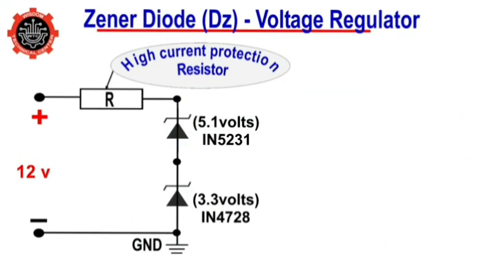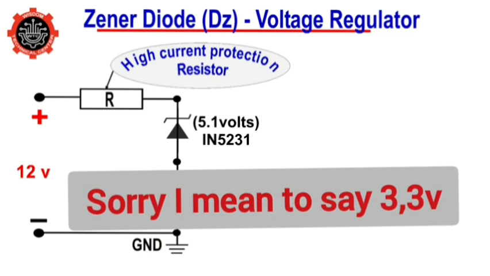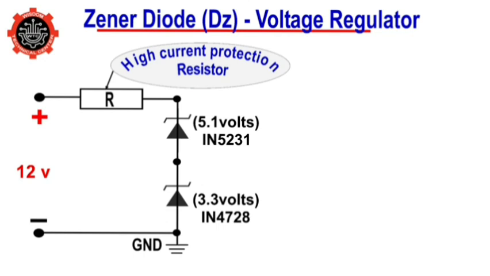Now, to better understand the working principles of a Zener diode, we will see on this circuit diagram here that this resistor and the two Zener diodes, with their references of 1N5231 with a Zener voltage of 5.1 volts and 1N4728 with a Zener voltage of 1.8 volts, are connected in series with a 12 volt source to the circuit.